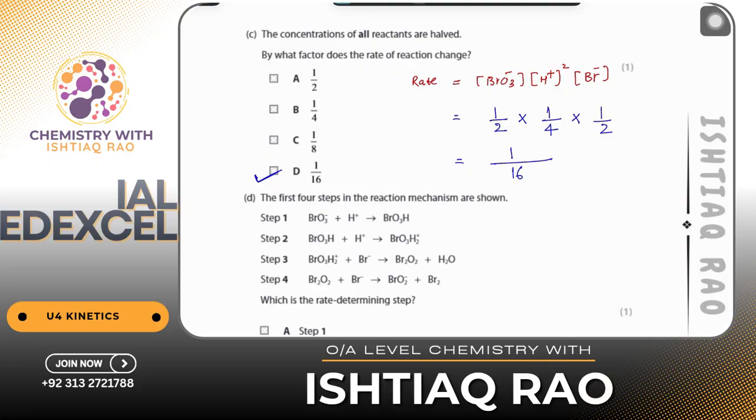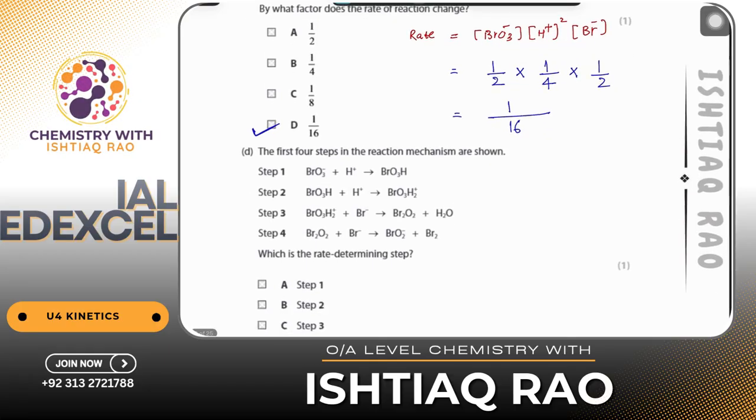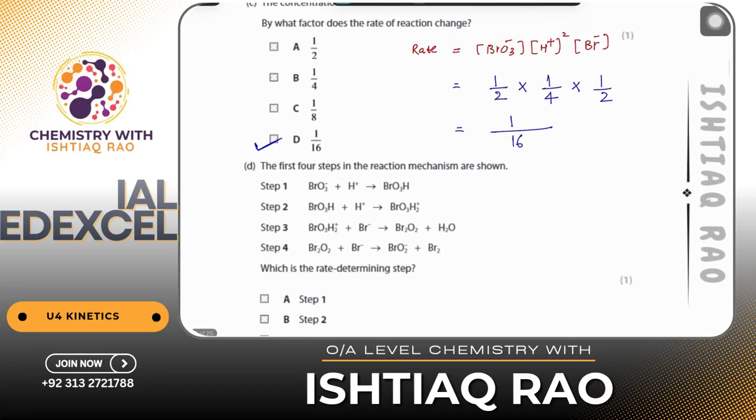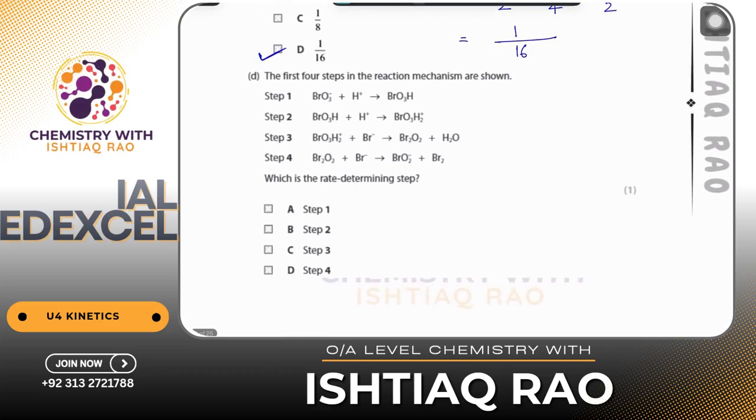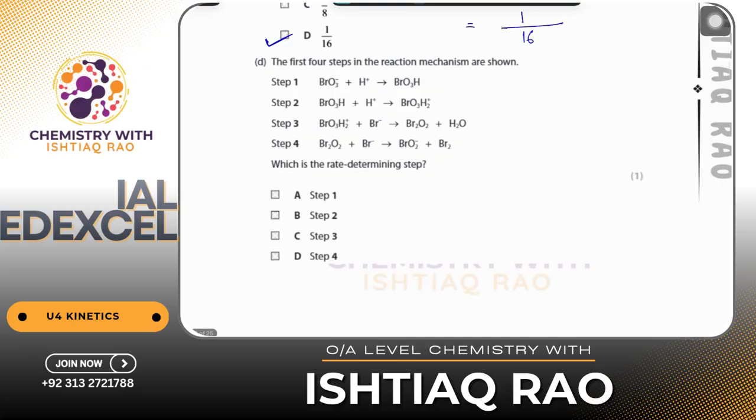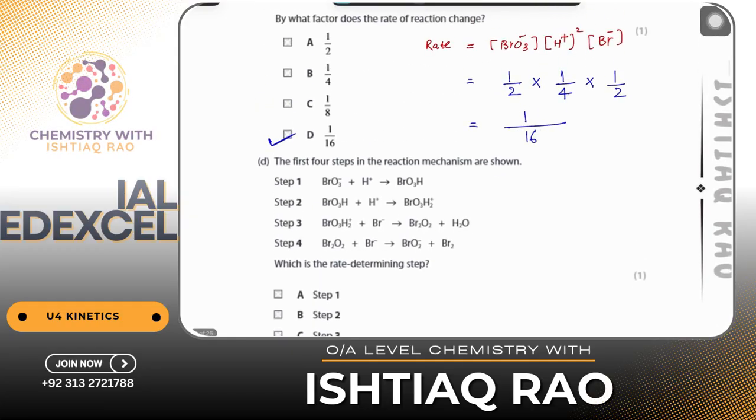Okay, the first 4 steps in this reaction mechanism are shown. What is the rate determining step? We all know that the rate determining step is the slowest step. So what can I do for that? I have to match this with the given rate equation.